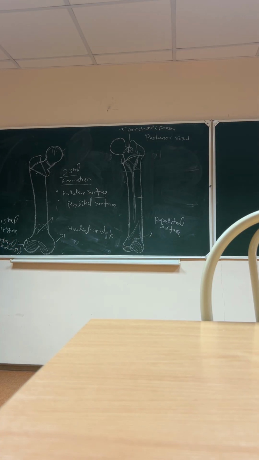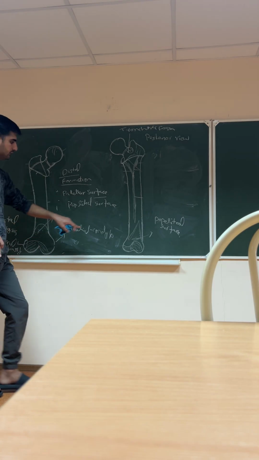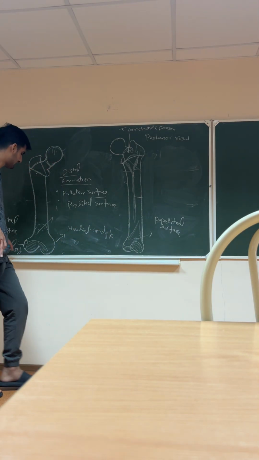Epicondyles, lateral and medial, because medial is inside and lateral is the lateral side. Again, the formations: patellar surface, popliteal surface, medial epicondyle, lateral epicondyle.